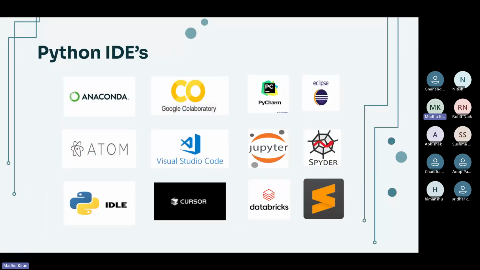So the Python which we are going to use is for learning artificial intelligence. This is the programming language we are learning, but we are going to use it to learn data science, artificial intelligence, prompts, and all. So we are going to use notebooks. There are scripting tools and notebooks.